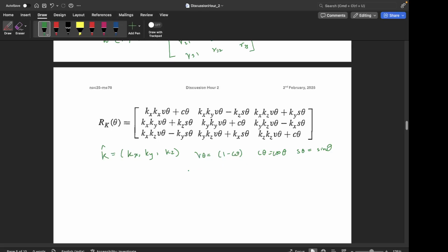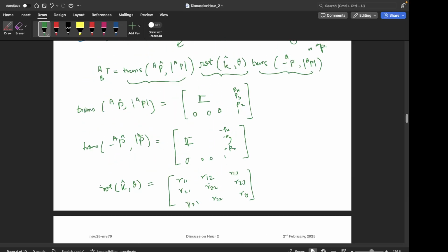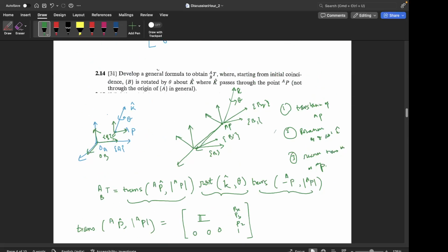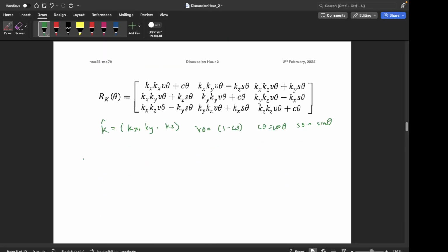Okay, so if we put the values of all these things and then we multiply, then we get the final transformation matrix, right? So the final transformation matrix would be something like this, where this part is r k theta, and here we have some terms, let's say qx, qy, qz, right?